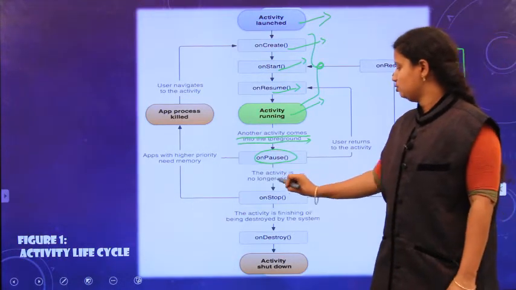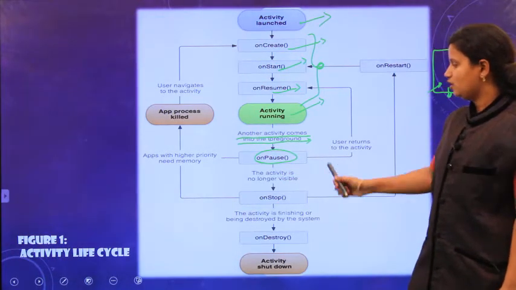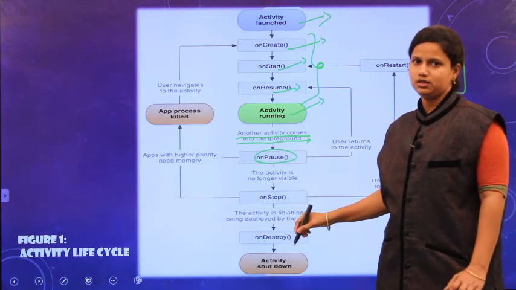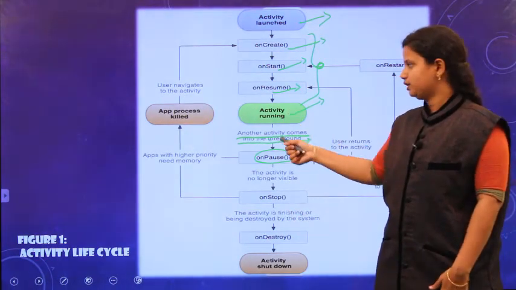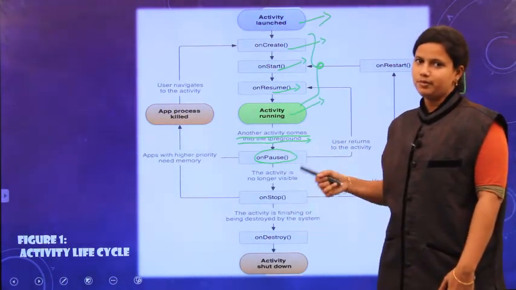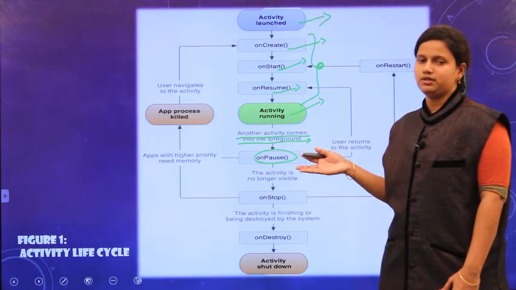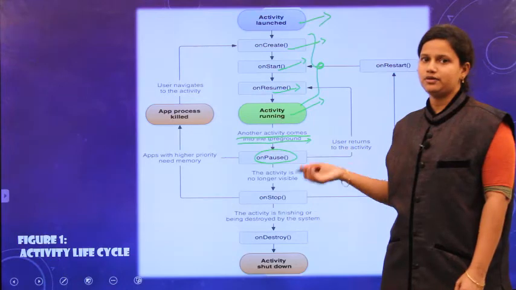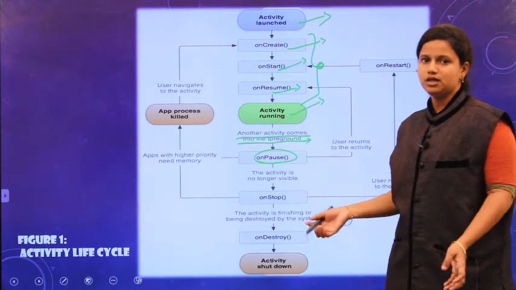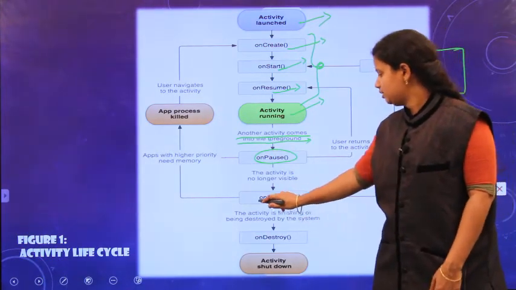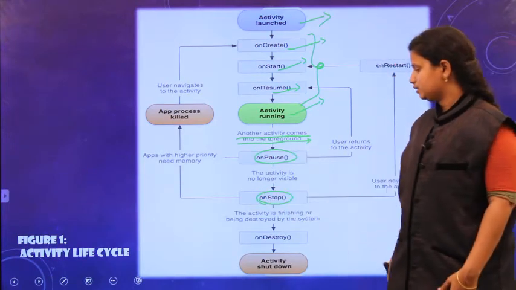The activity is no longer visible. onPause is called, that means it pauses your present activity, but your present application is no longer visible for a large amount of time, not visible to the user. In this situation, it will call the onStop method.